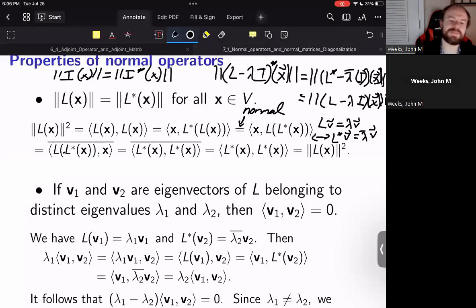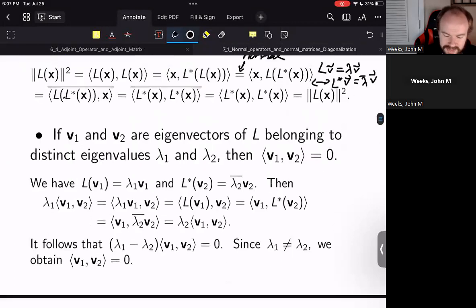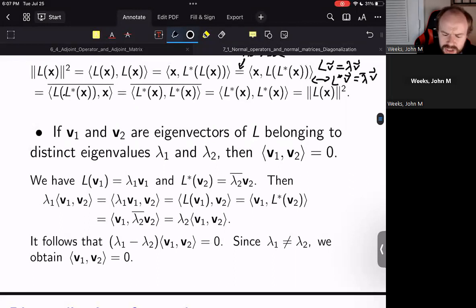And then finally, for the last part here: v1 and v2 are eigenvectors of L belonging to distinct eigenvalues λ1 and λ2. Then their inner product is going to be 0. Let's take a look at what this looks like. Recall that we have these two eigenvectors, with λ1 and λ2, and let's look at λ2 with its eigenvalue here as λ̄2.